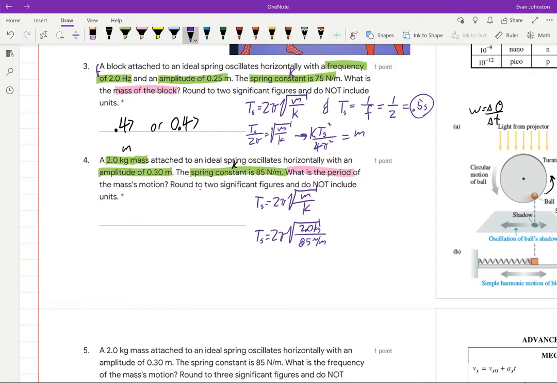But we want two significant figures again, so my answer is just going to be 0.96. But again, I can't put any units because Google Forms doesn't know how to assess that your units are correct.